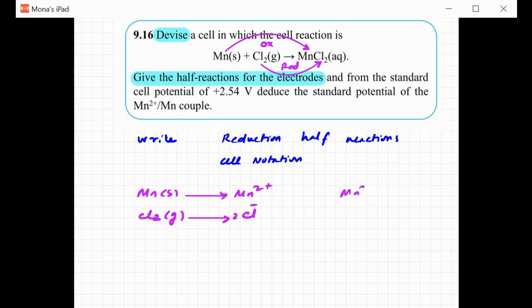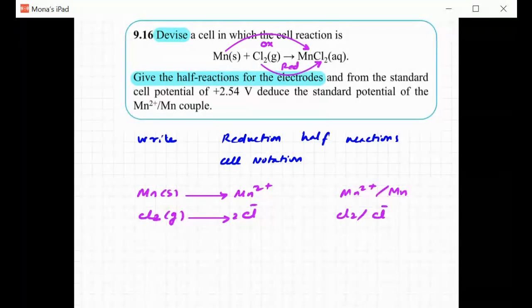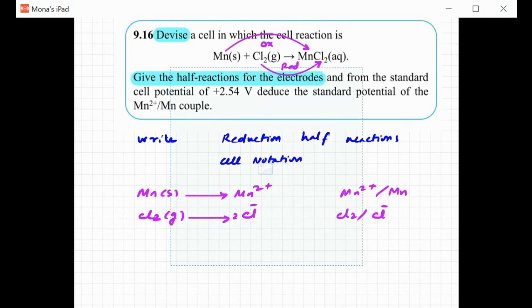So I have the Mn2+ and Mn couple, and I have the Cl2 and Cl minus couple. What we need now is to find the two reduction half reactions that involve these two. But when the question is asking me to do something, we have to do it as required.